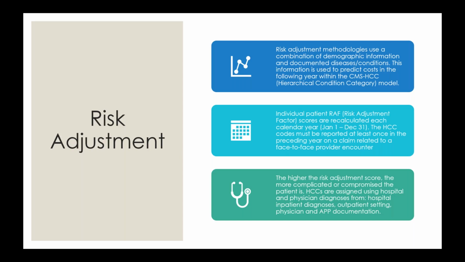So the HCC codes must be reported at least once in the preceding year on a claim related to a face-to-face provider encounter. So even if it was documented on December 31st of 2020 and the patient was seen on January 1st in a new encounter, everything starts over January 1st.